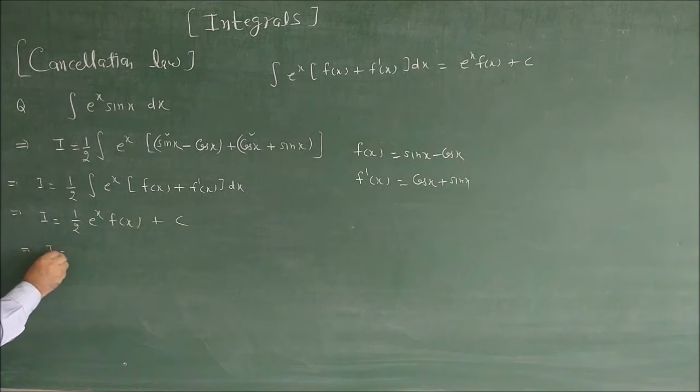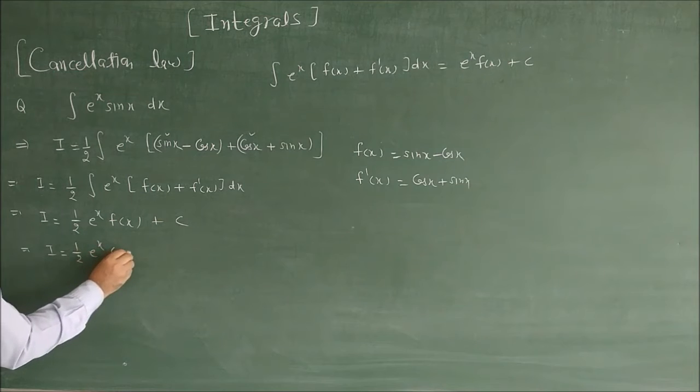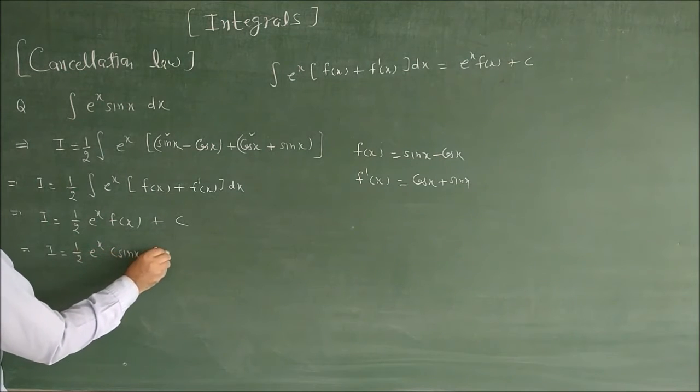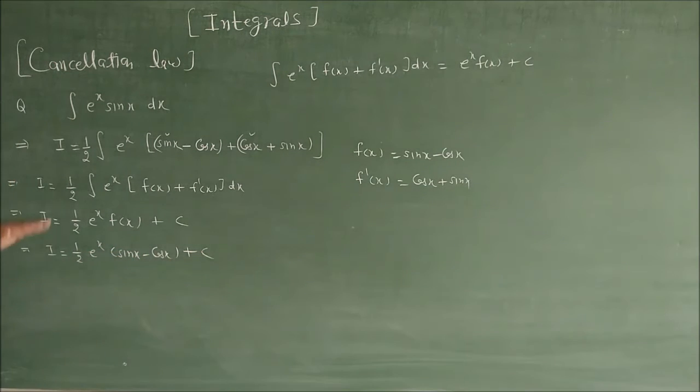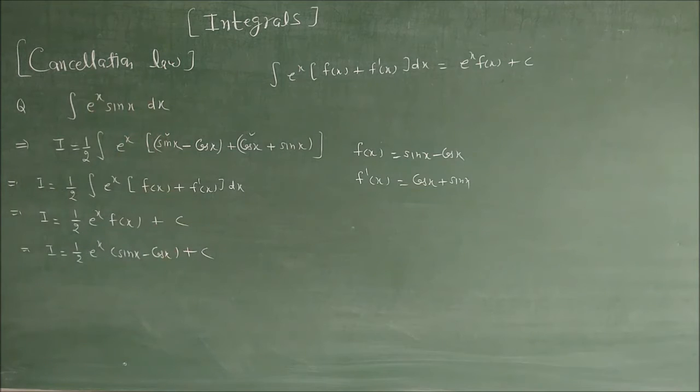Finally I equals 1 upon 2 e to the power x (sin x minus cos x) plus c. So this is the solution of this question using the cancellation law. If in any question e to the power x is available, you can go through the cancellation law.